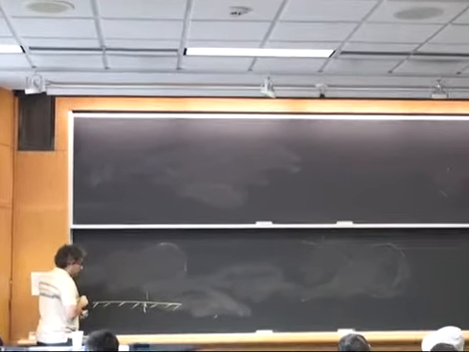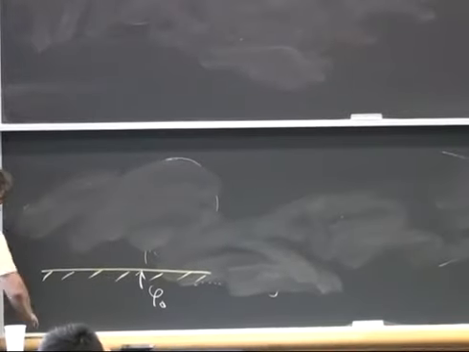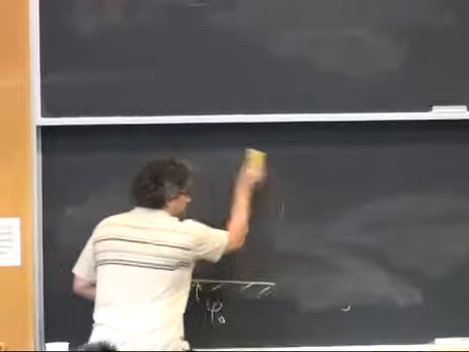So you'll recall that we have an interface, which right now we're treating as being the boundary of a semi-infinite domain. We have a potential at the wall, which we're writing as phi naught.